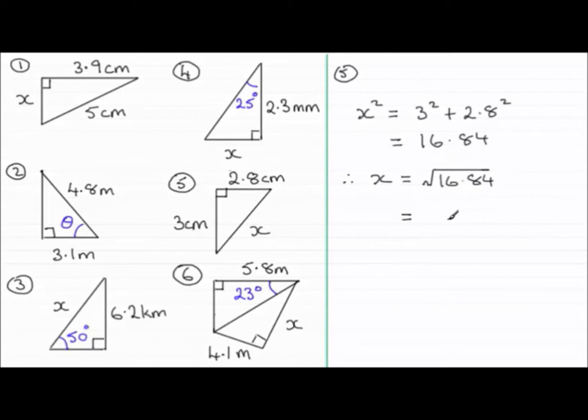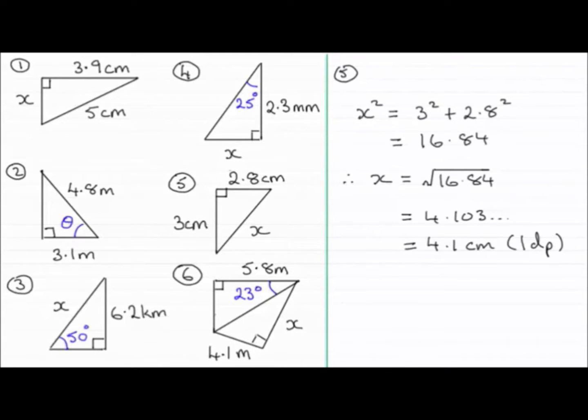Square root this and you find you get 4.103 and so on. And giving this to 1 decimal place, we've got 4.1, and the units are centimetres. So it's 4.1 centimetres to 1 decimal place.